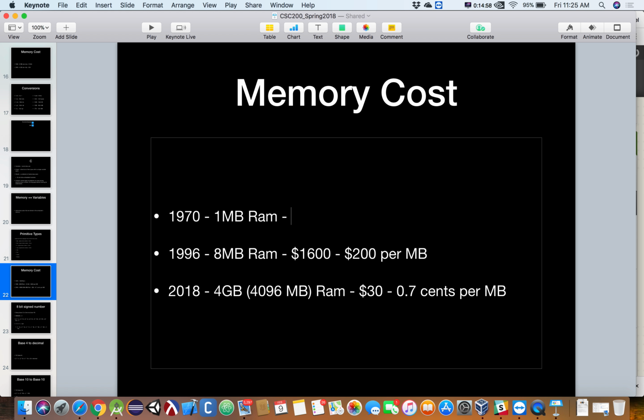After you converted it to today's dollars, this was in the ballpark of about 4 million dollars per megabyte. That did come down quite a bit. Like reverse Bitcoin here.